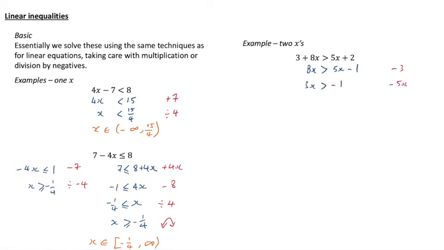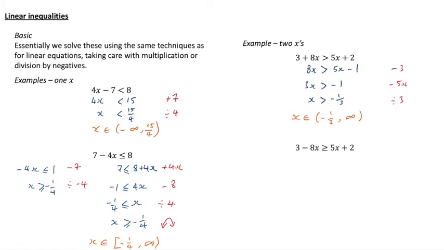So we have 3x is greater than minus 1, divide by 3 gives us x is greater than minus a third, and again no worries with the direction of the inequality there. In interval notation we have x is a member of the set from minus a third up to infinity, both round brackets, because minus a third is not included, not allowed, and of course infinity we never get there.